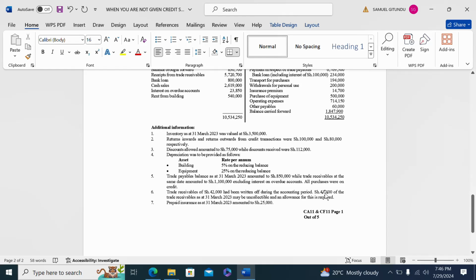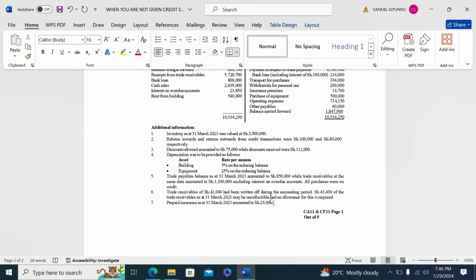Is this a bad debt? No, this is not a bad debt. The 43,400 is a doubtful debt. There's a difference between a bad debt and a doubtful debt. A bad debt is the amount of trade receivable which cannot be collected.